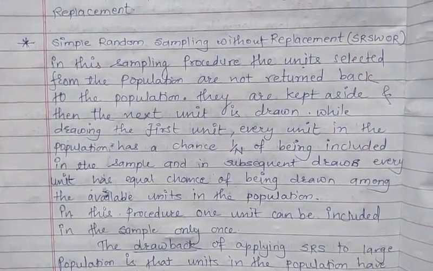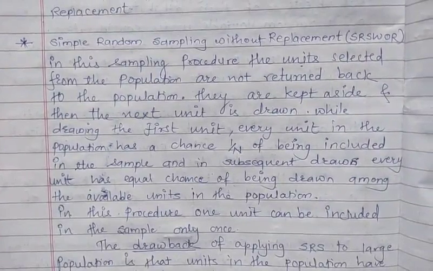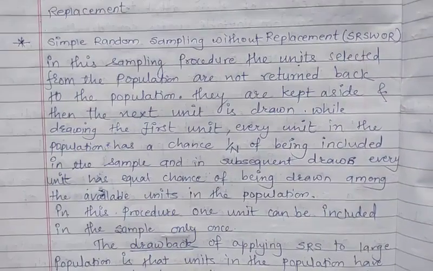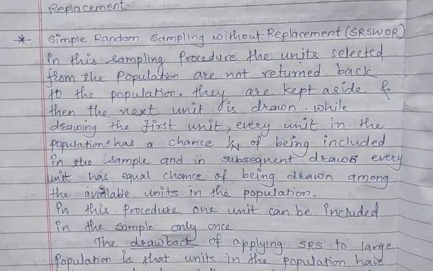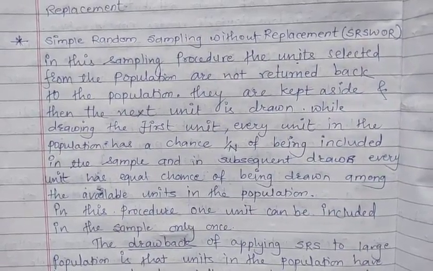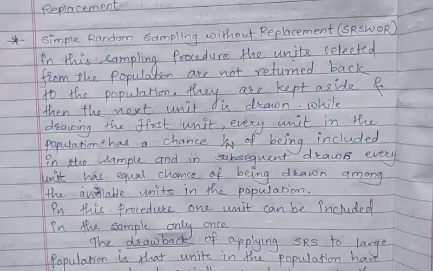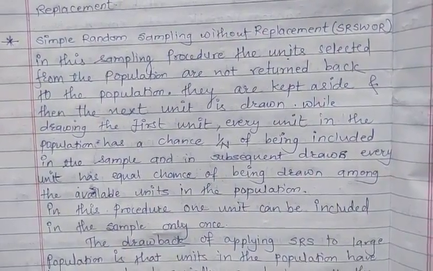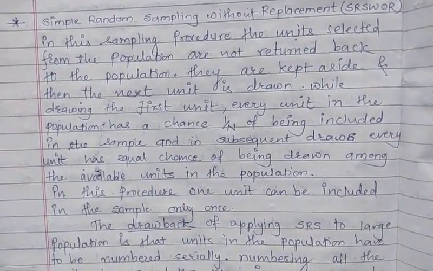While drawing the first unit, every unit in the population has a chance of being included, and in subsequent draws every available unit has an equal chance of being drawn.